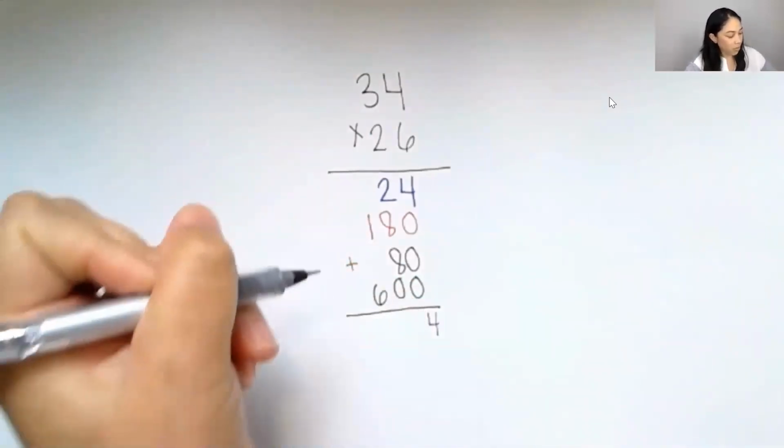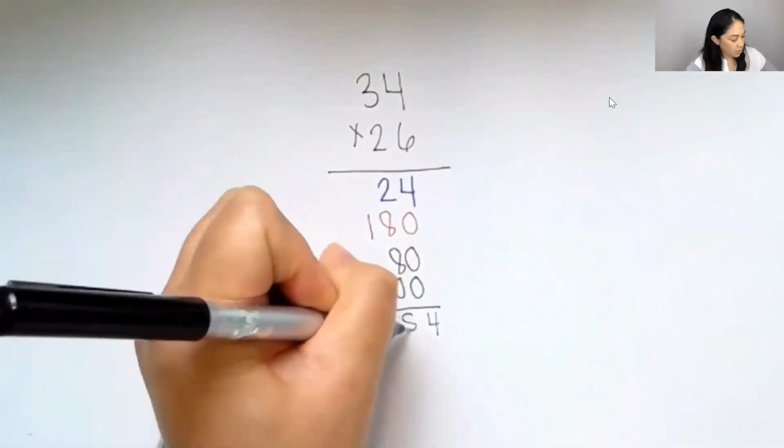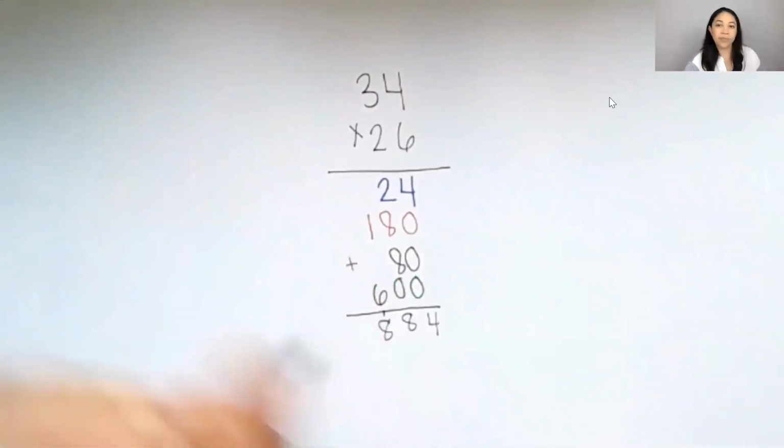Add our 4 partial products. What is their sum? 884.